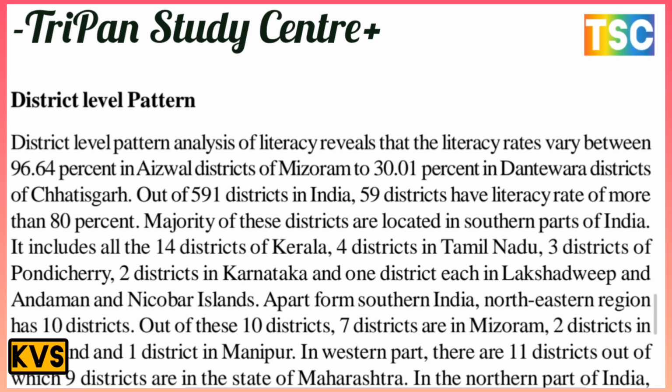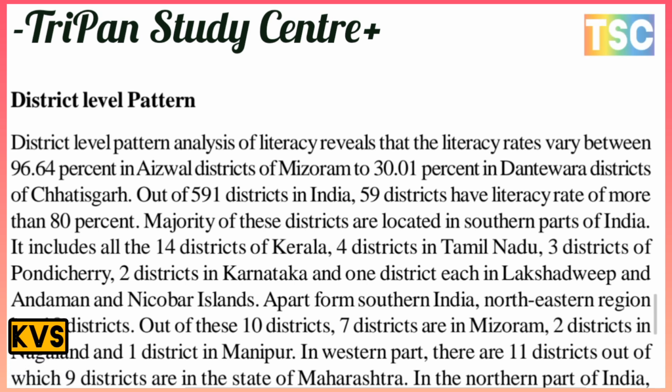This is a most important point. Apart from southern India, the southeastern region has 10 districts, of which 7 are in Mizoram, 2 in Nagaland and 1 in Manipur. In the western part there are 11 districts, of which 9 are in the state of Maharashtra.